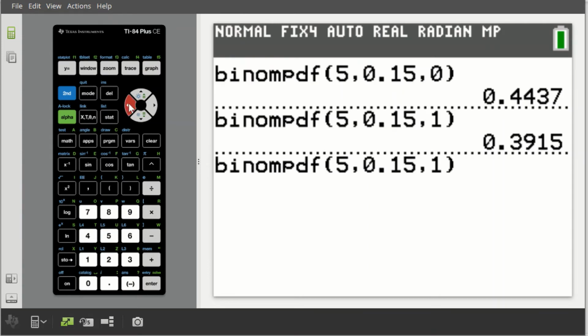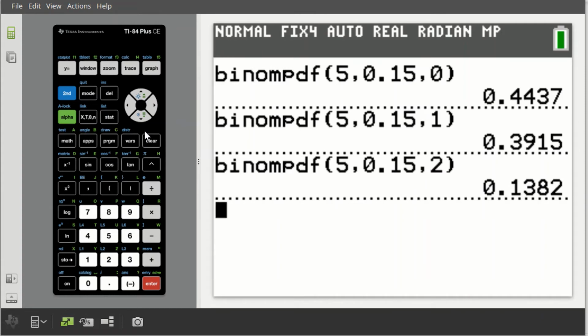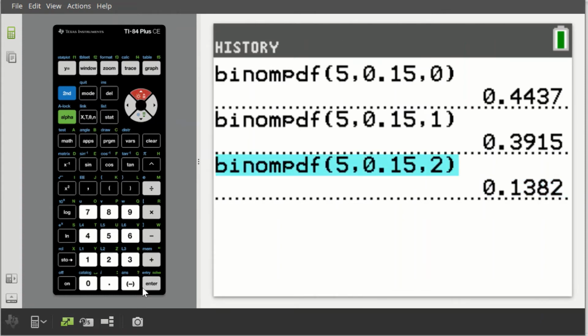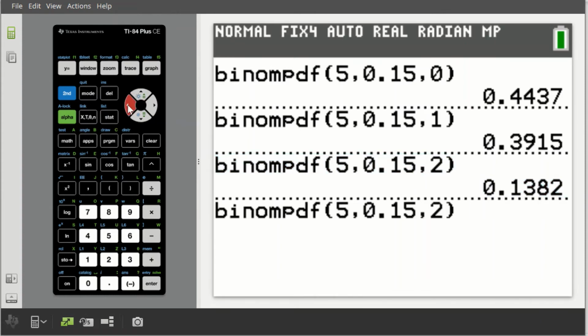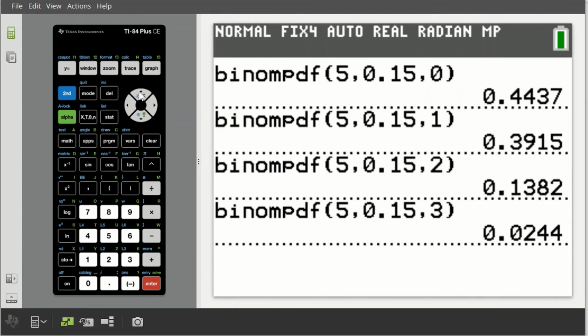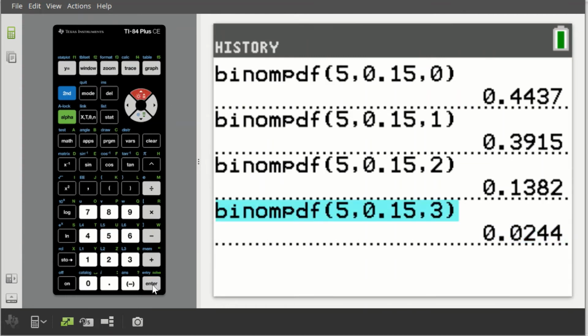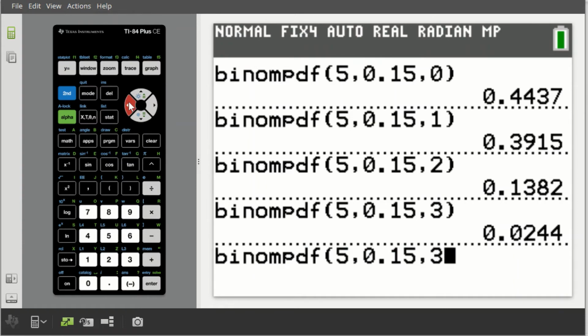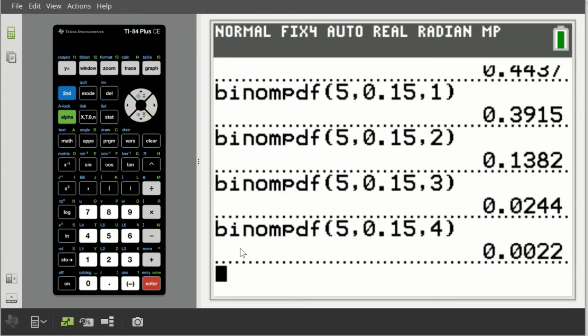If I change the last one to 2, that is the probability. If it is 3, let's find out what is the probability. Exactly 3 of them say that they use the internet as the source of news. That is the probability. Now if I want to find exactly 4 of them say yes, the internet is the source of their news, that is the probability.